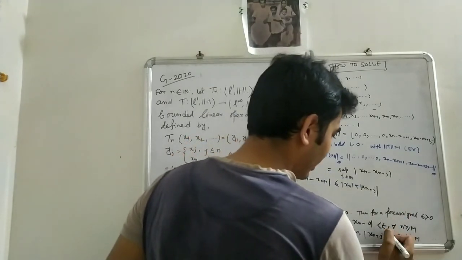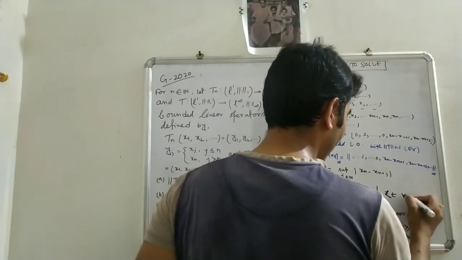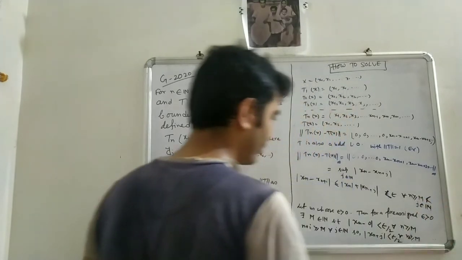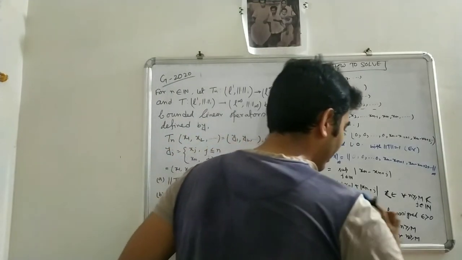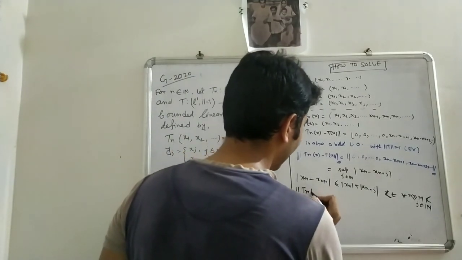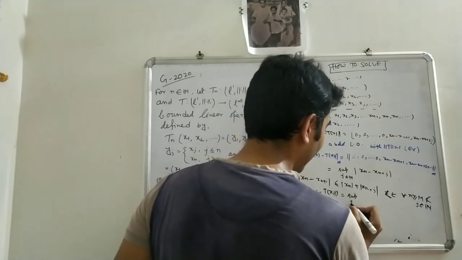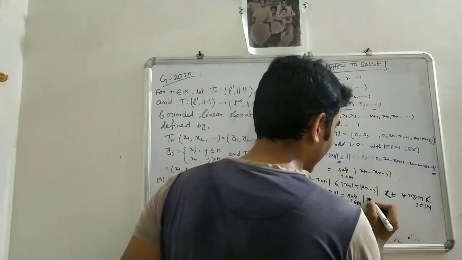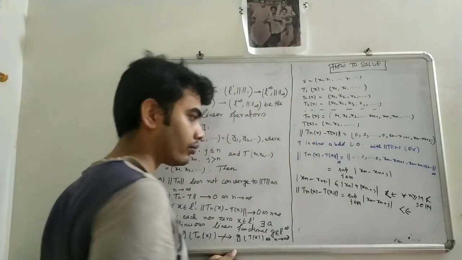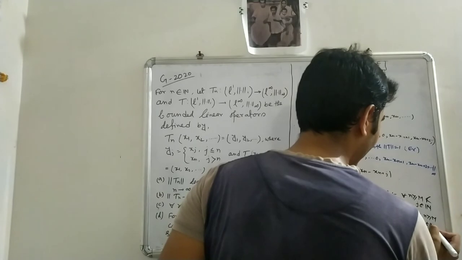Okay, and I take this as epsilon by 2 and this as epsilon by 2, so this is less than epsilon for all n greater or equal to capital M and j belongs to capital N. So ultimately we get norm of Tnx minus Tx, which is equal to supremum of j belongs to capital N modulus of xn minus xn plus j, is less than epsilon for all n greater or equal to M and j belongs to capital N.